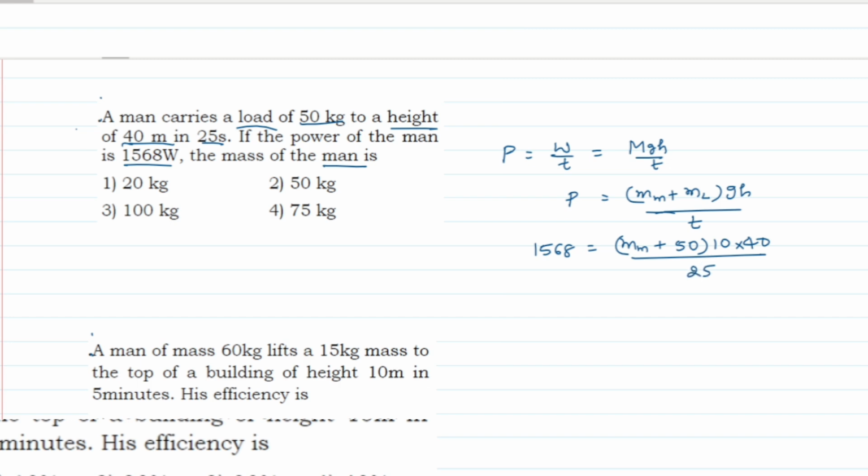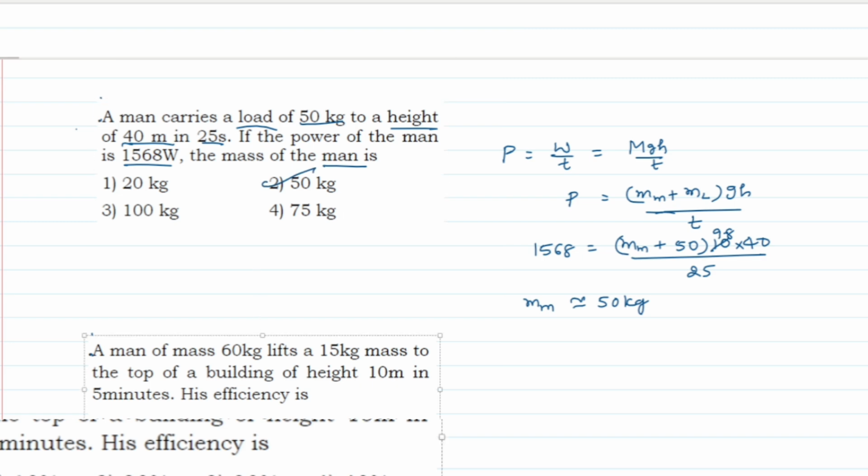When you simplify this, you will get the mass of the man as nearly 50 kg. Best to take g as 9.8, then we will get the correct answer. So he is carrying a 50 kg mass.